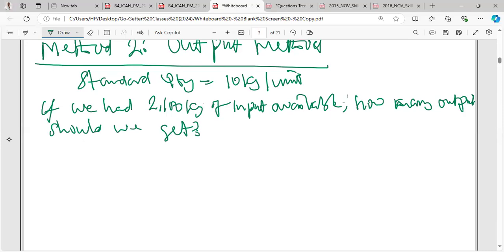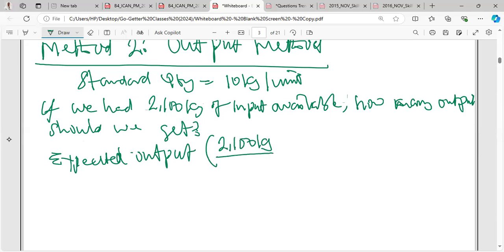So it means expected output should be 2,100 kg divided by 10 kg per unit. That will give you 210 units.